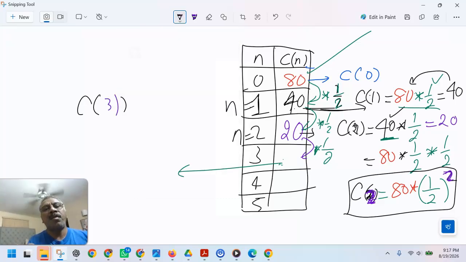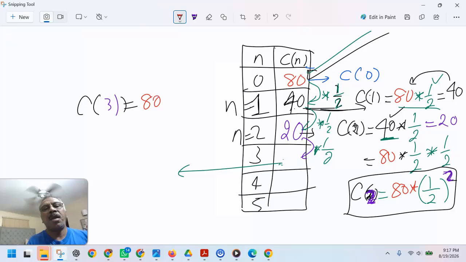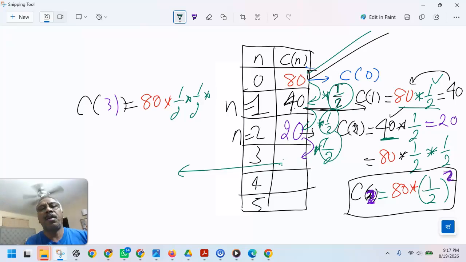So how many times do we multiply that? It starts with 80, the red 80. In the beginning, the paper was 80, and now you're going to multiply the green halves that you see here, 1, 2, and 3. So it means it is half, half, half. Your answer ends up being, of course, we know it's as good as doing half of 20, which is 10.